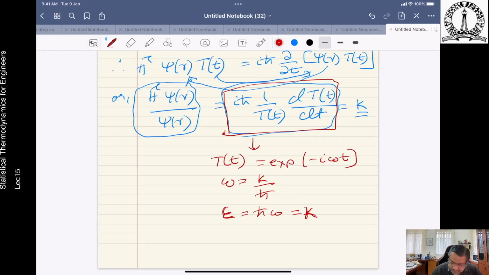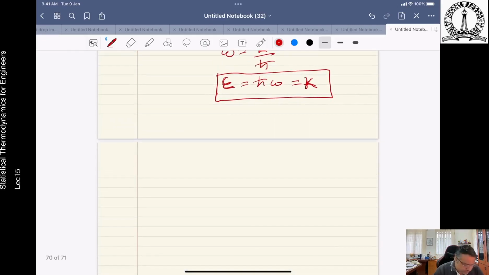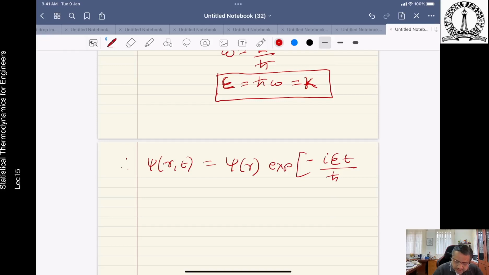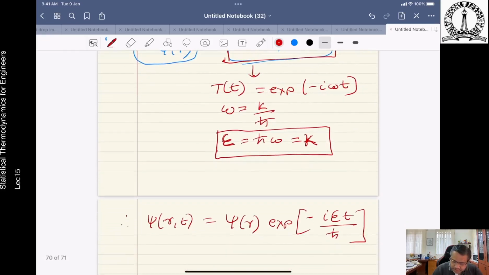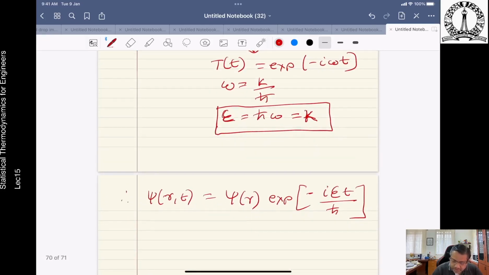So psi(r, t) is equal to psi(r) times exponential of minus i E t by h bar. We are substituting omega by E by h bar, so that is the total expression that we are getting here.